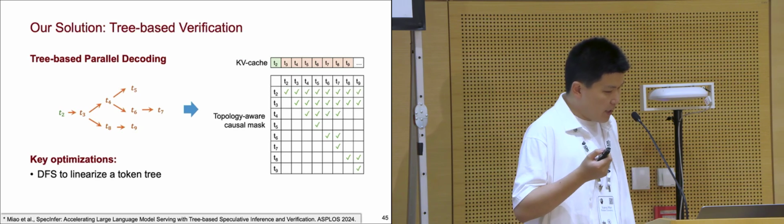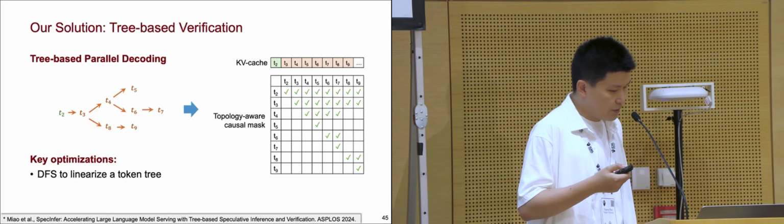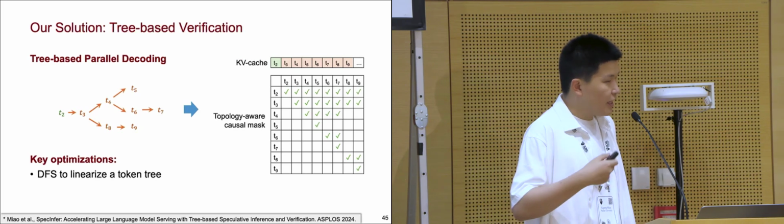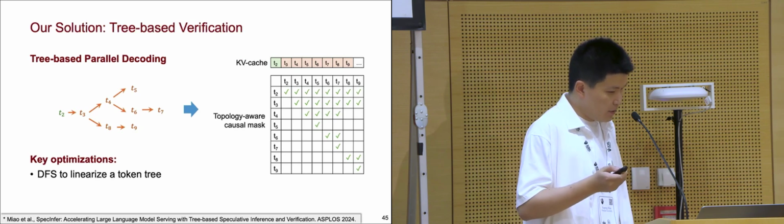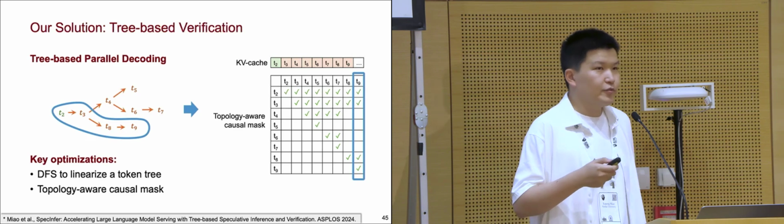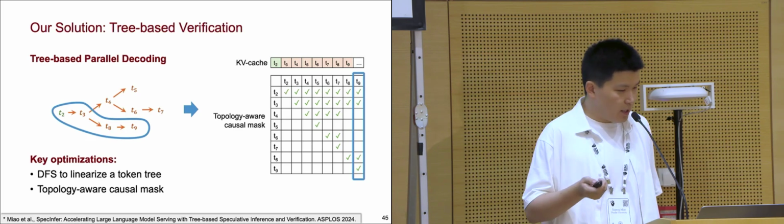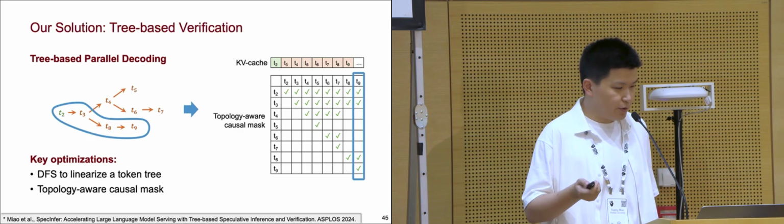After the speculation, we send the output, the predicted token tree, into the verifier. The first step is to linearize the output tokens into a sequence and verify them in parallel. By default, if we want to reuse existing language model serving systems, a very simple solution is to still use the sequence-based verification GPU kernel.